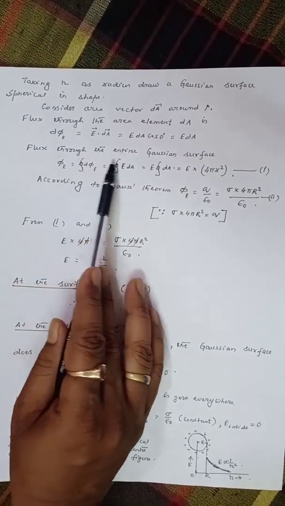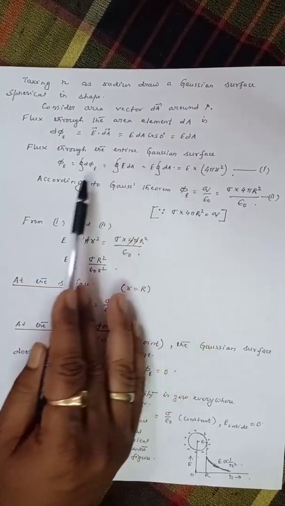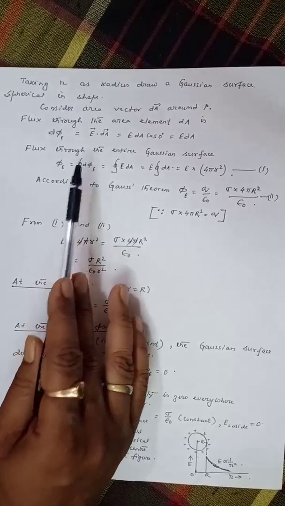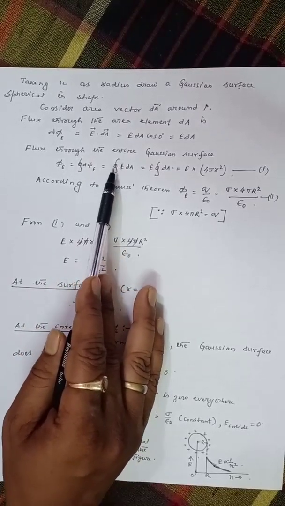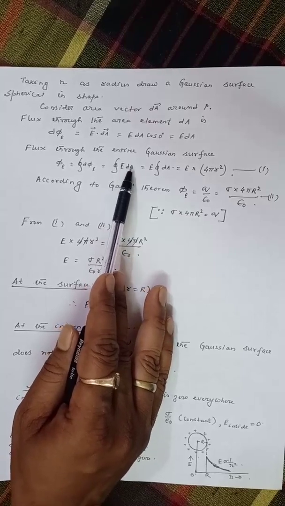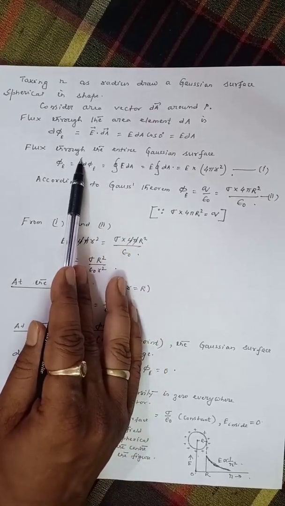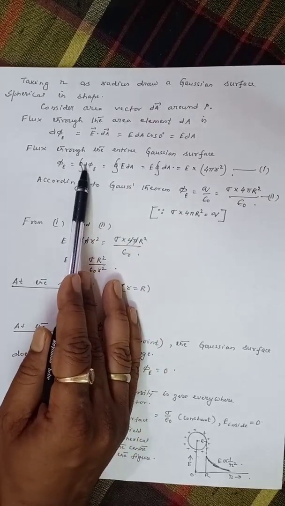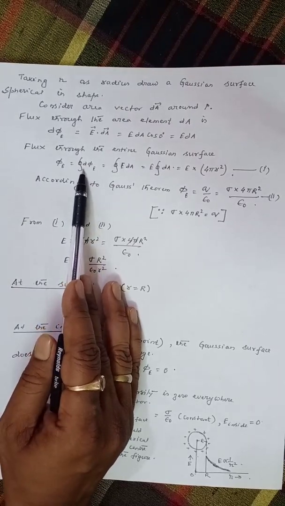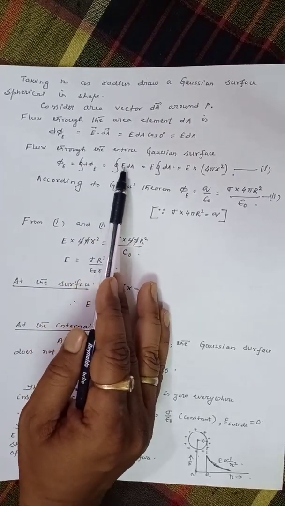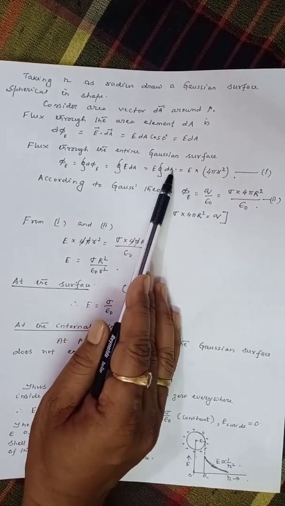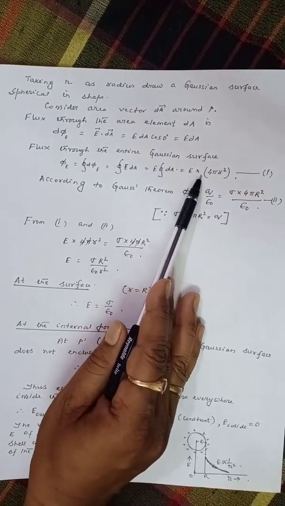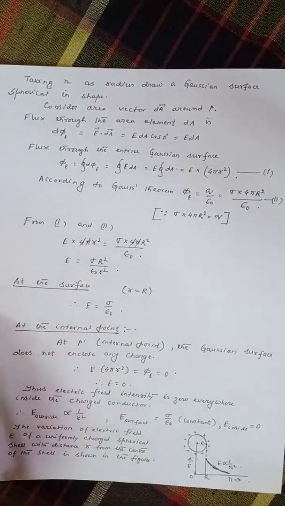So the flux through the entire Gaussian surface is given by phi E equals the sum of d phi E, that is the surface integral of E dA. This is the surface integral of d phi, which is equal to the surface integral of E dA, equal to E times the surface integral of dA, which is E into 4 pi r square.